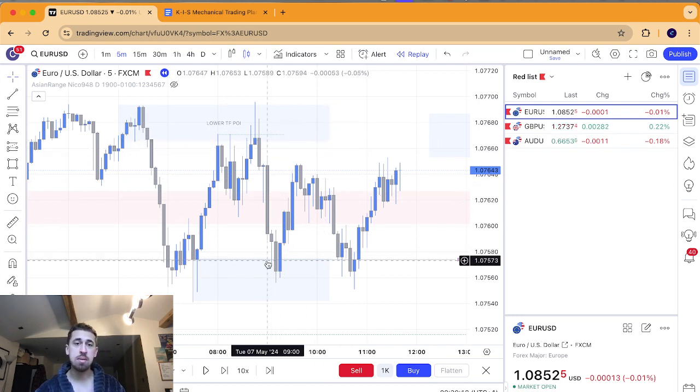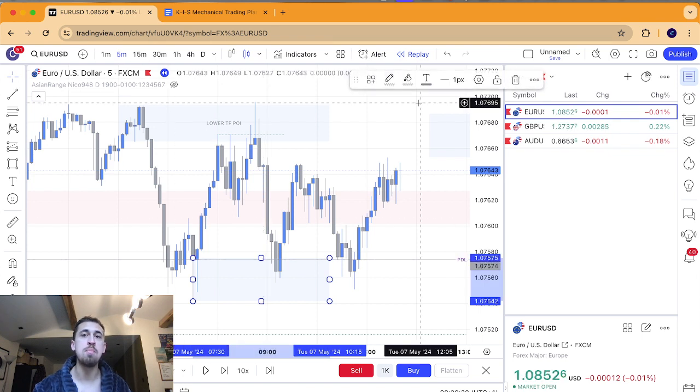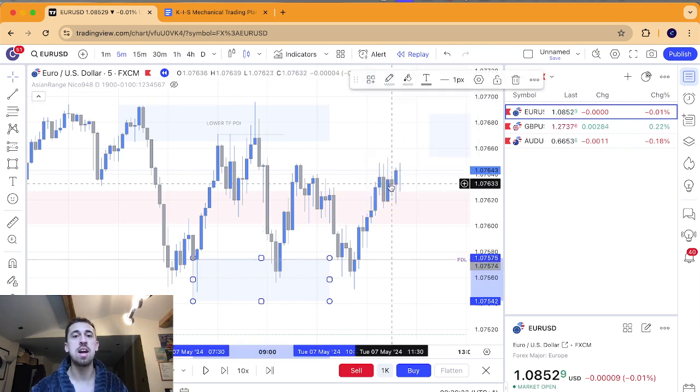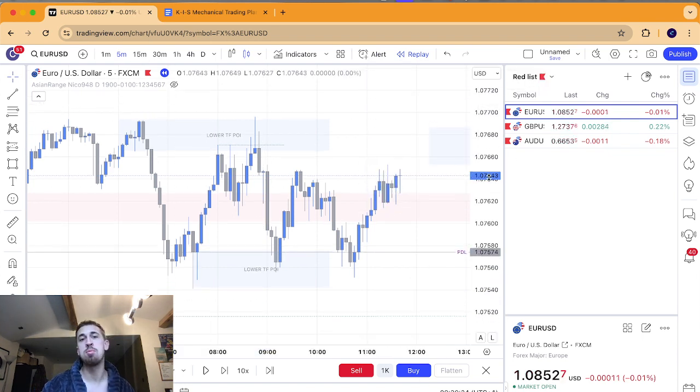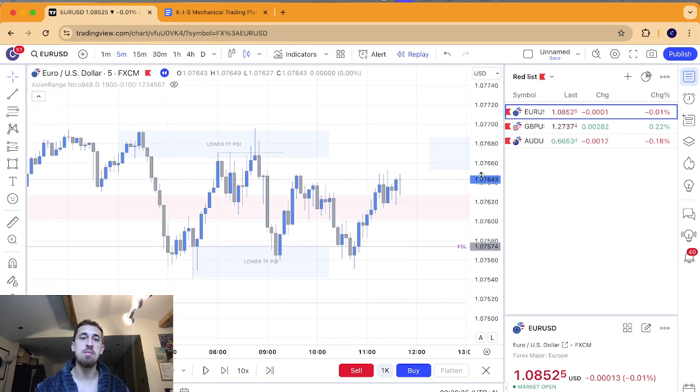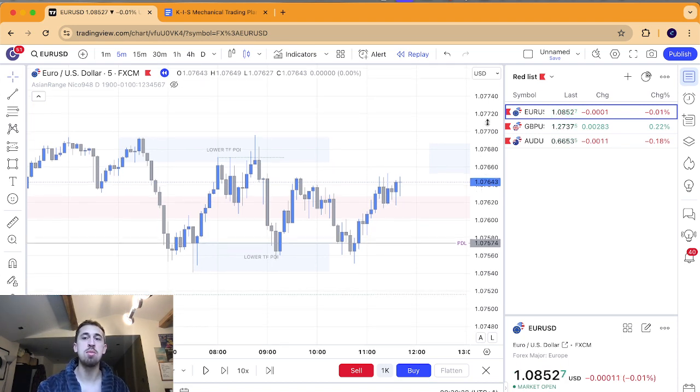it's not as simple as that, because you still have to have a bit of a bias, saying okay, which ones are going to be respected, which ones aren't, and realistically is price going to go to each one.